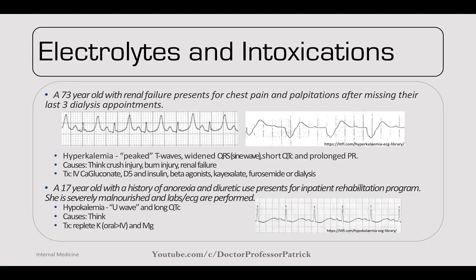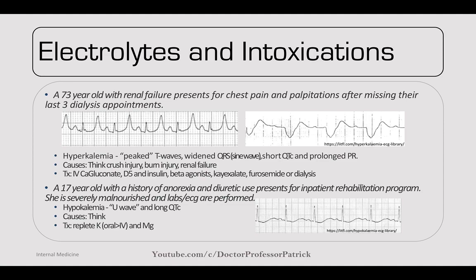The peaked T waves and a widened QRS complex, so the next EKG to the right shows sine wave forming, where you have up and down widened QRS, short QTC, and a prolonged PR. These are all dangerous complications. Once you get to peaked T waves, you can quickly move to the QRS forming sine waves, and then sudden cardiac death after that. So think crush injuries, burn injuries, and renal failure for extreme hyperkalemia.